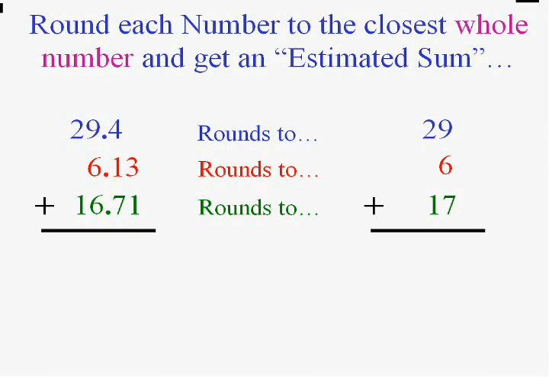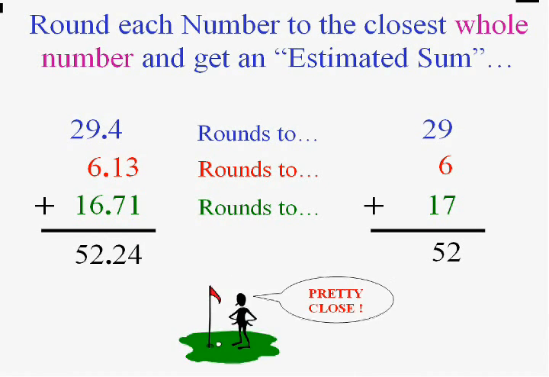Now we've made our problem easier, and our estimated sum is 52. Actually, the answer is 52.24. Missed it by that much. So we did pretty good. Just remember, we use rounding to make life easier, not harder. And we can also use it to kind of check our answers.